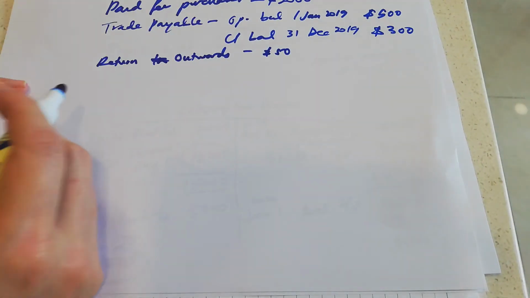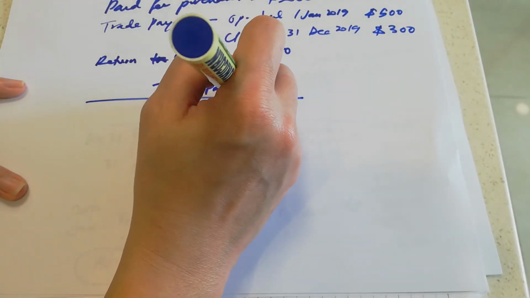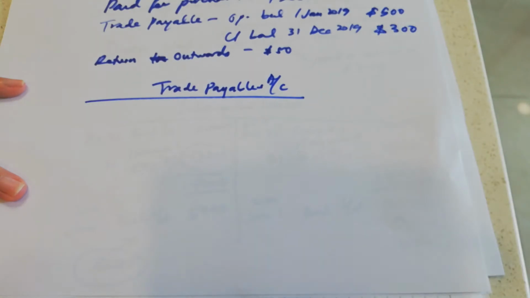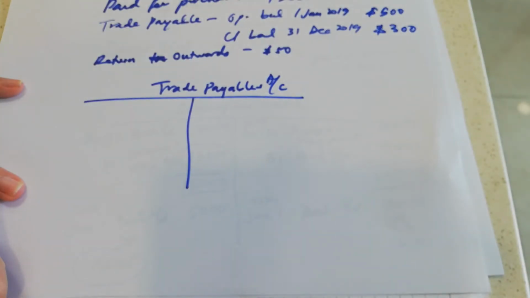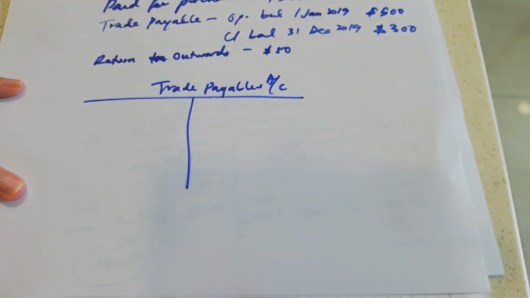Okay, if I have all this information, I can draw out my trade payables account. All right, I put in this figure. 2,000 was paid for purchases. Sorry, this one doesn't go into the trade payables account, but the other figures will.